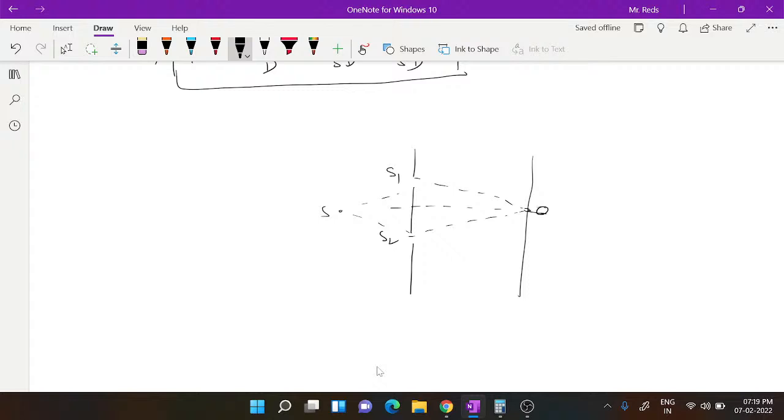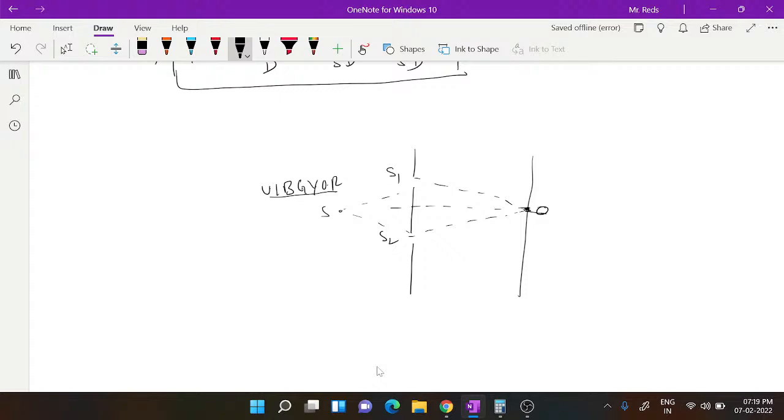What is the central bright fringe? Whether this color is any of VIBGYOR, violet, indigo, blue, green, yellow, orange or red, if you pass violet, you get the central bright here. If you pass indigo, blue, green, yellow, orange or red, any color, the central bright will be here only.